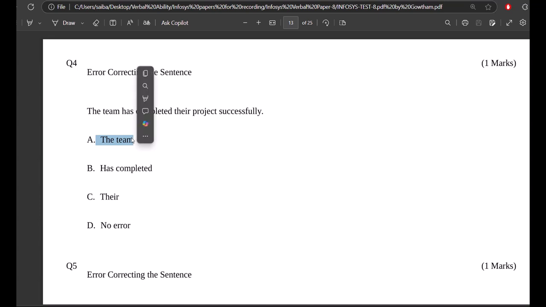The verb is has, and here we are considering team as one. So that is the reason we have to say the team has completed its project successfully. Here it should be its. So the error is in option C.